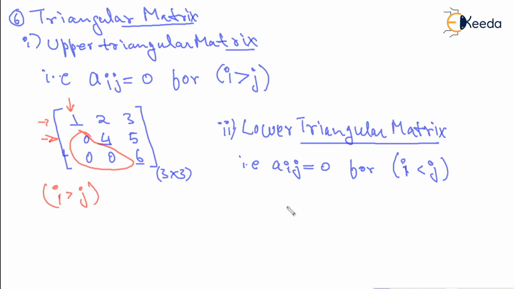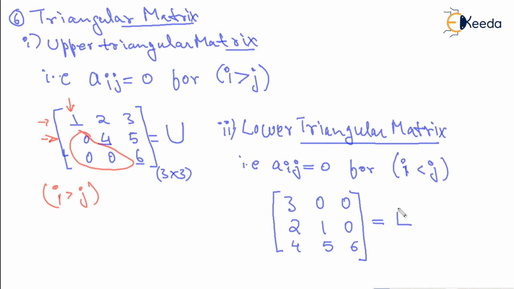For example, 3 0 0, 2 1 0, 4 5 6. This is generally denoted by U for upper. This is denoted by L for lower.